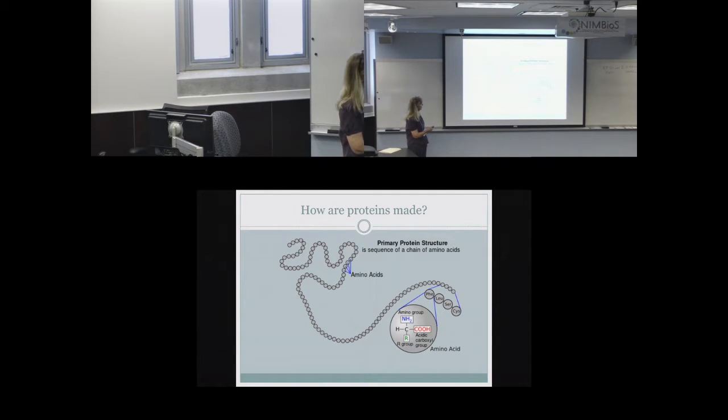Now, if you think of the string of amino acids, you can look at each one, and this is what each one looks like. What distinguishes one from the other is the R, and that's the residue. And so we'll look at that a little more closely, like right now.